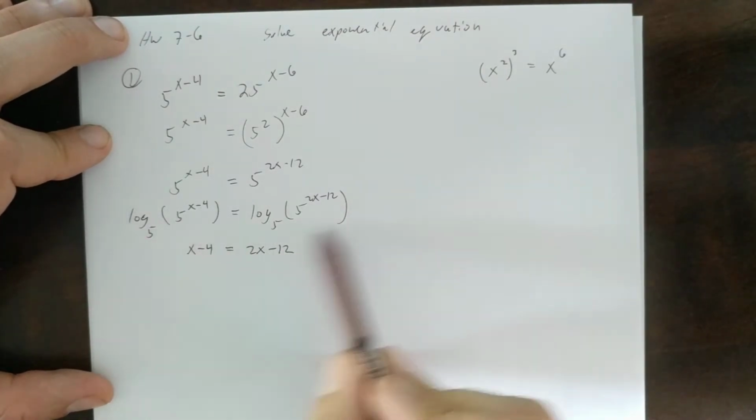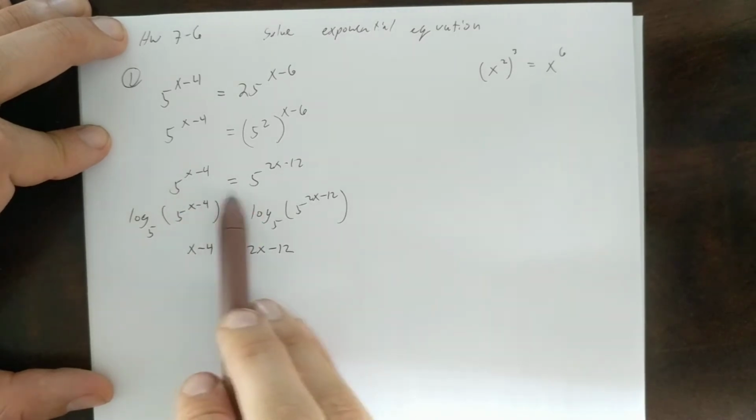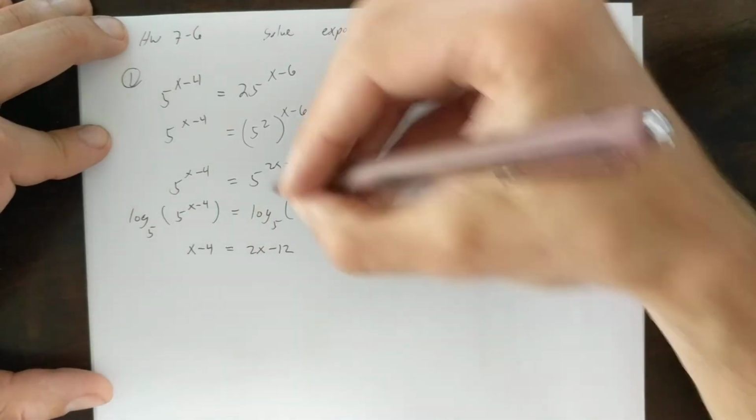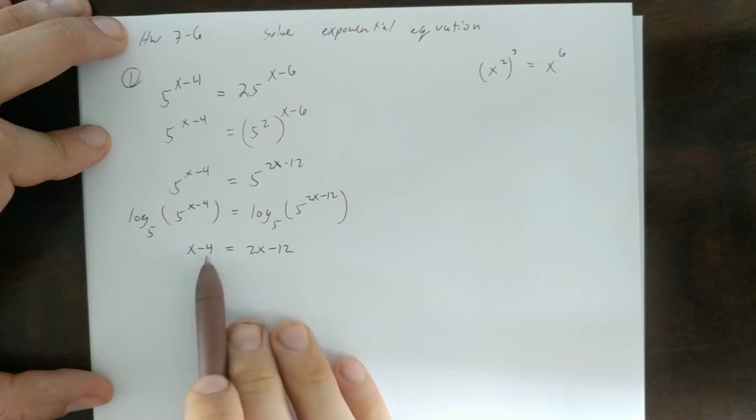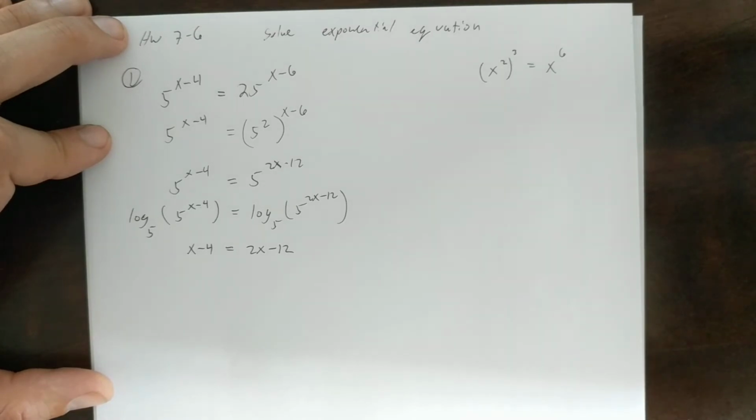You don't really have to go through this step. It's pretty obvious that if I have 5 to the power of x minus 4 equals 5 to the power of 2x minus 12, you can immediately jump to x minus 4 equals 2x minus 12, but taking the log of both sides is another way of explaining that, right? So let's continue on.